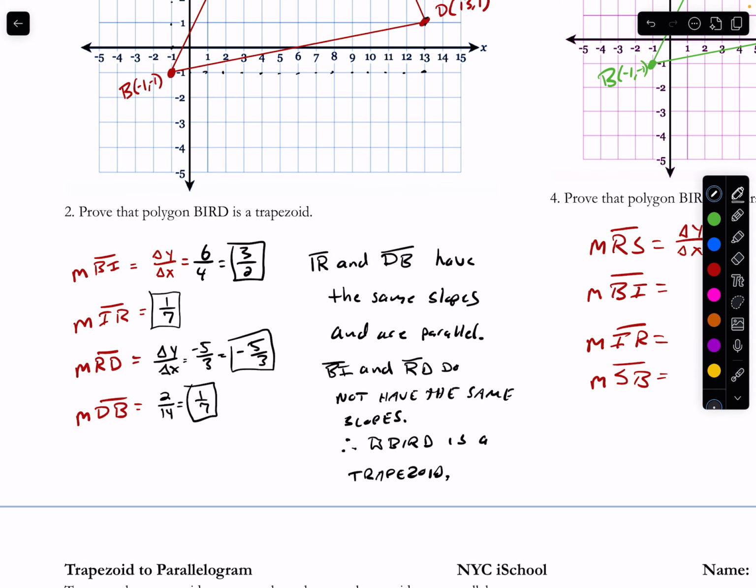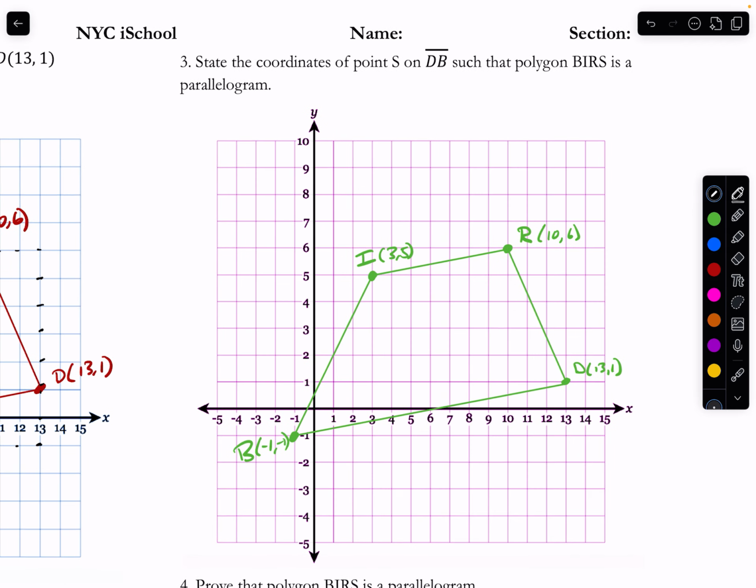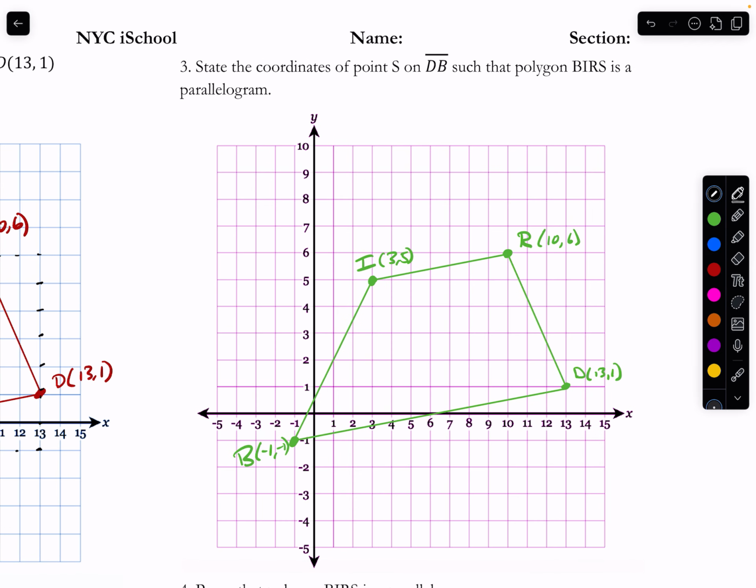Then we move on to the next step, and it says up here, state the coordinates of point S on DB such that polygon BIRS is a parallelogram. So what we've got to do here is state the coordinates of point S on DB, so it makes a parallelogram. Right away, if it's a parallelogram, we know that this slope has got to be the same, 1, 2, 3, 4, 5, 6, 1, 2, 3, 4.